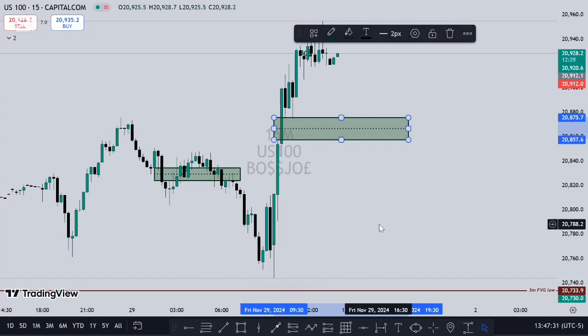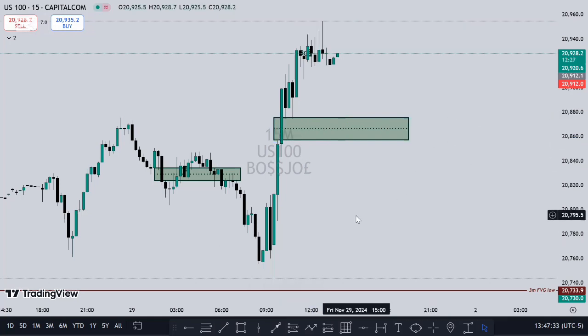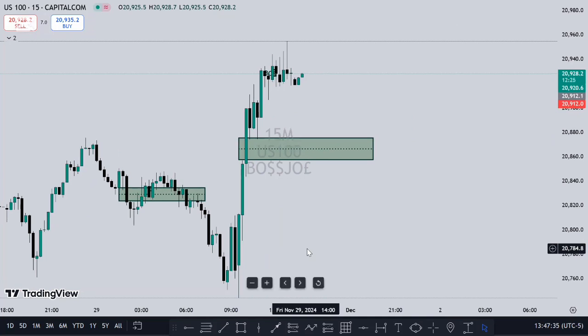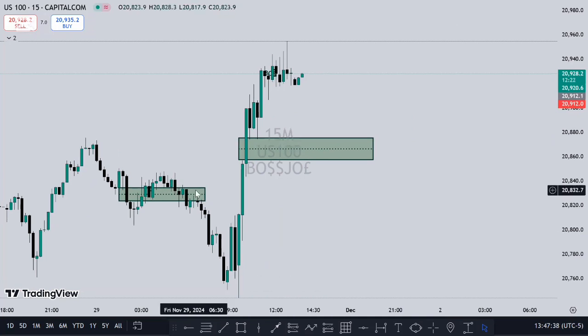Sir, I have one last question. In the context of the market, let me say I found a bullish trending market. Should I only be looking for bullish fair value gaps, and not concern myself with any bearish fair value gap?